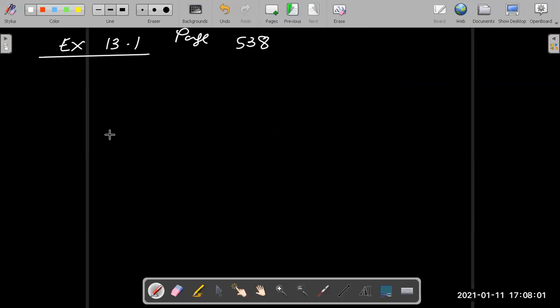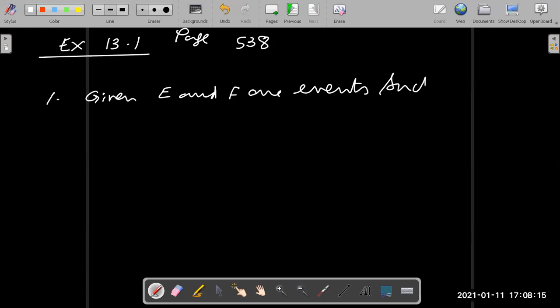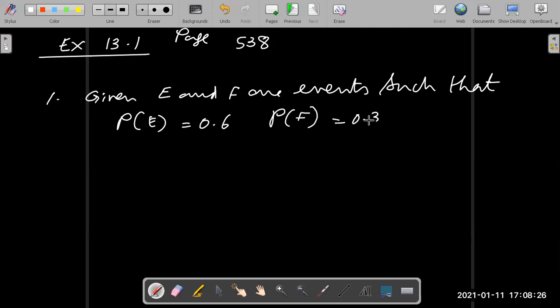The first question: given E and F are events such that probability of E equals 0.6, probability of F equals 0.3, and probability of E intersection F equals 0.2.